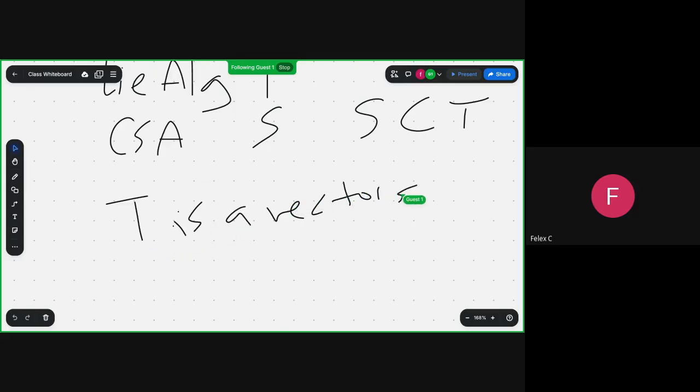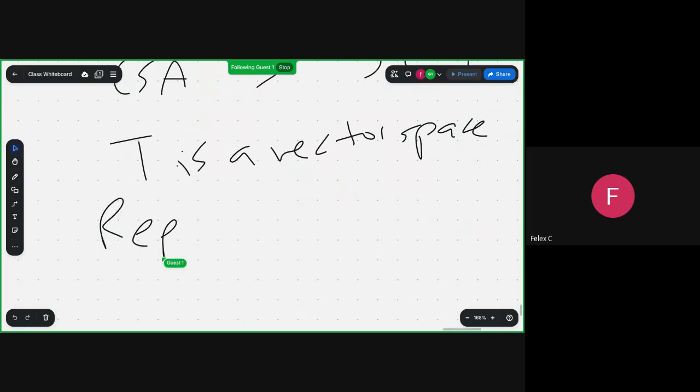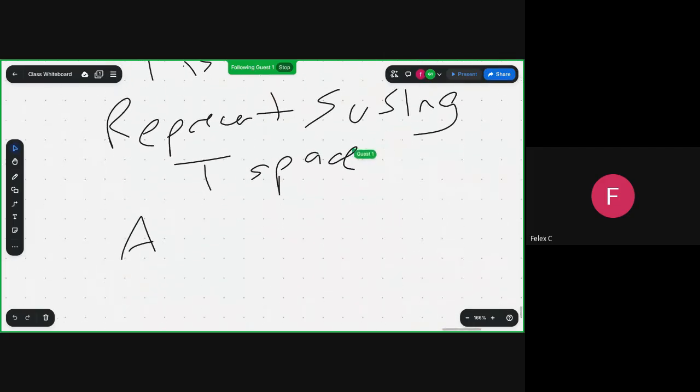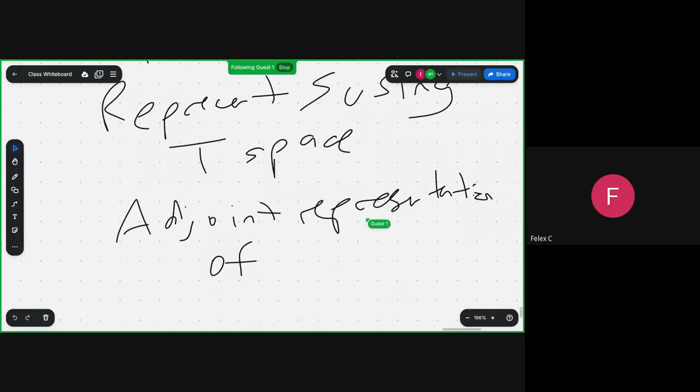A Lie algebra is also a vector space, and we can talk more about that at another point. If you represent S using the T space, this is called the adjoint representation of this Lie algebra T.